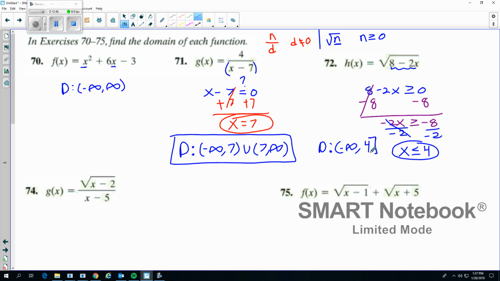Now we do get to bracket the 4, because if you plug in a 4, it'll cause you to square root 0, which is fine. You can take the square root of 0. But you don't want to go over 4. If you go over 4, then this expression will turn into a negative value, and then you'll start dealing with imaginary values.